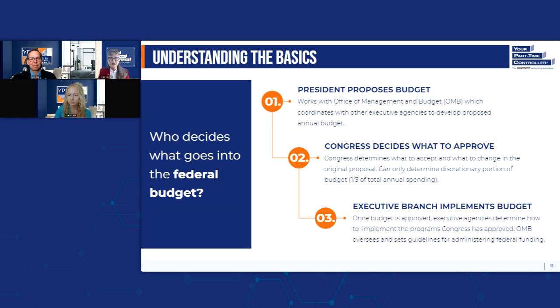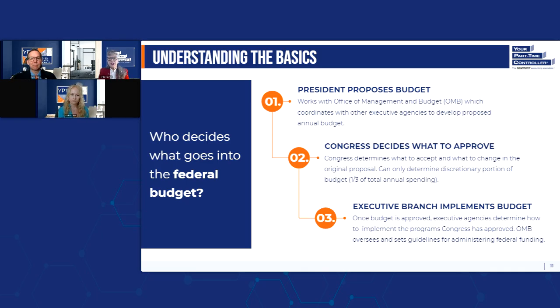Well, Carly, it all starts with the executive branch, namely the president, and he, or someday she, will work with the other executive agencies to develop what gets proposed in the budget.